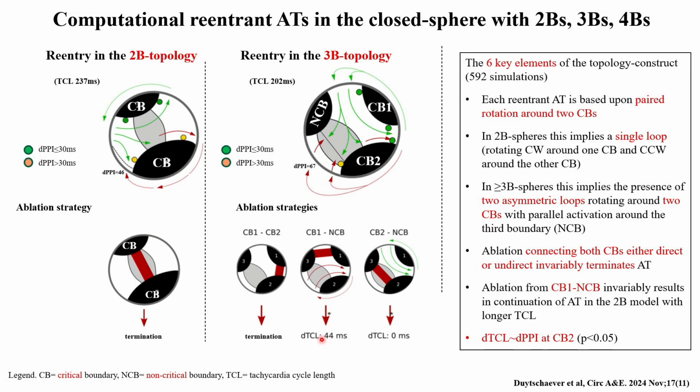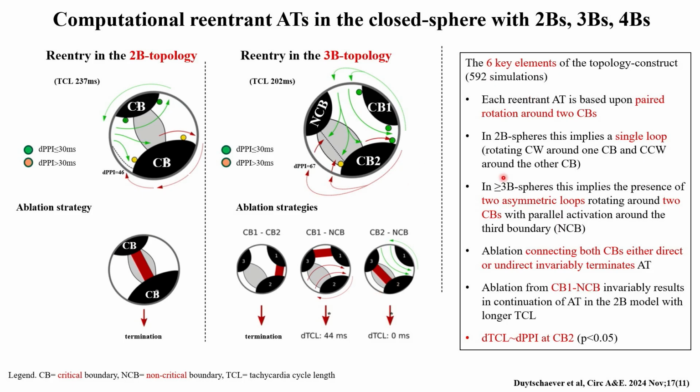So actually, the cycle length prolongation is predicted by that longer PPI you measured at the CB2. And then if you connect, by mistake or deliberately, CB2 to NCB, the atrial tachycardia will continue around the CB1, so the cycle length will not change.